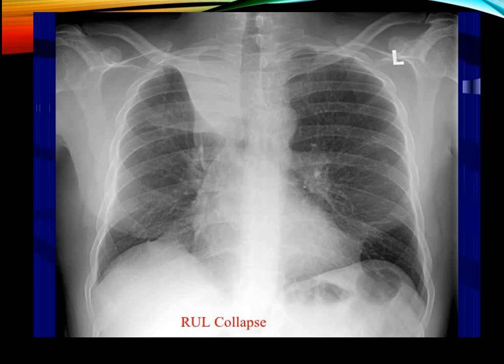The trachea looks central, slightly deviated to the right, or we can consider it central as well. But we have this upward deviation of the fissure. So it means we have a lesion in the right upper lung zone that causes upward deviation of the horizontal fissure, and therefore we have a right upper lung collapse, because we said that any opacity limited inferiorly by the horizontal fissure is located in the right upper lobe.